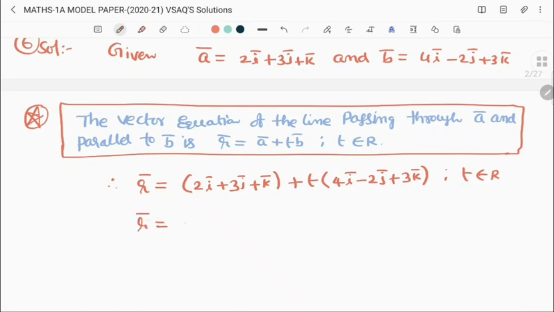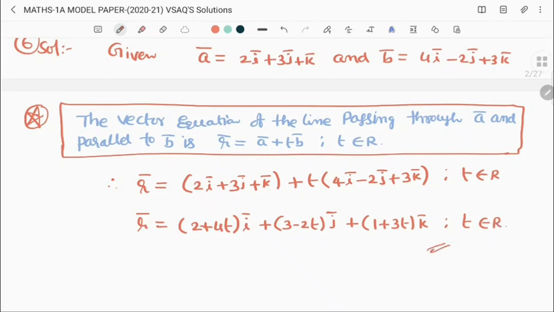So r bar equal to (2 plus 4t) i bar plus (3 minus 2t) j bar plus (1 plus 3t) k bar, t belongs to R. That's it. This is the required equation.